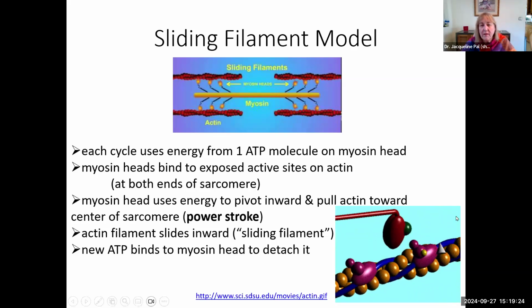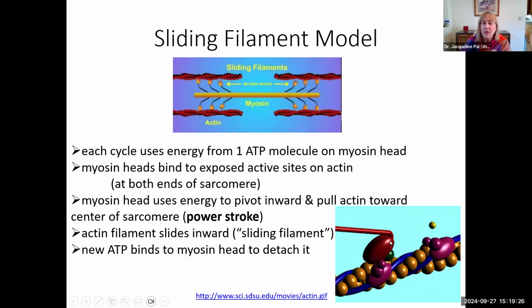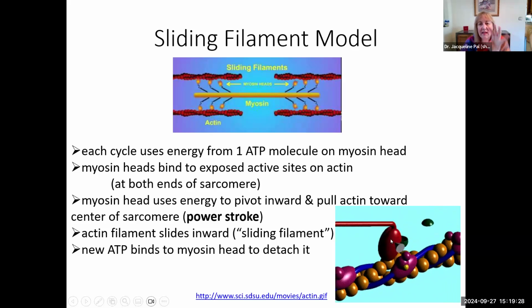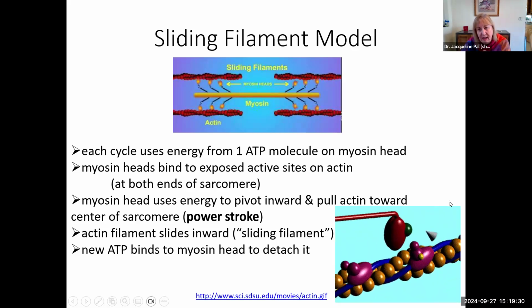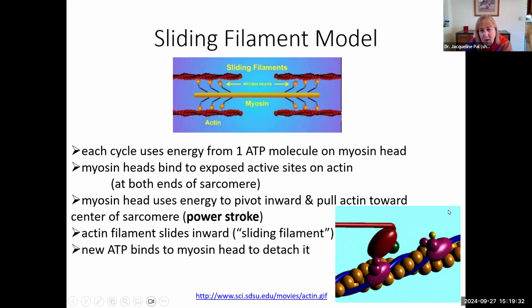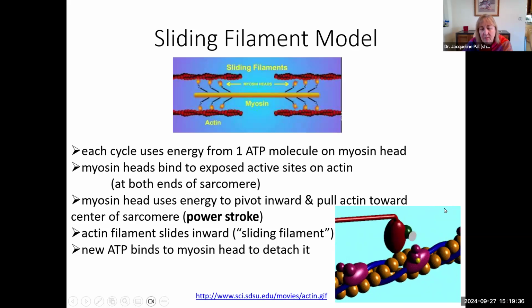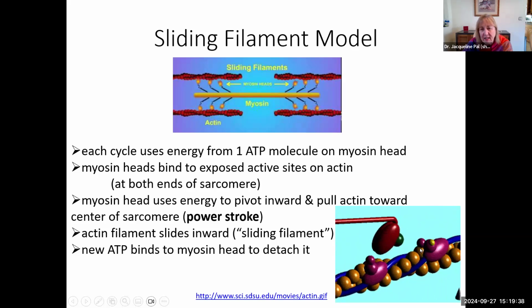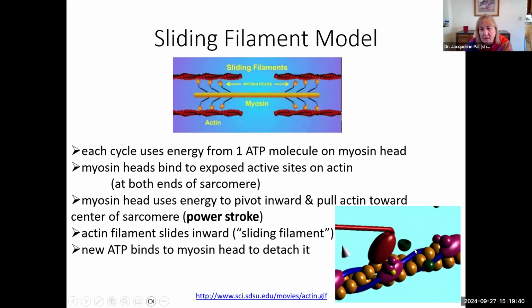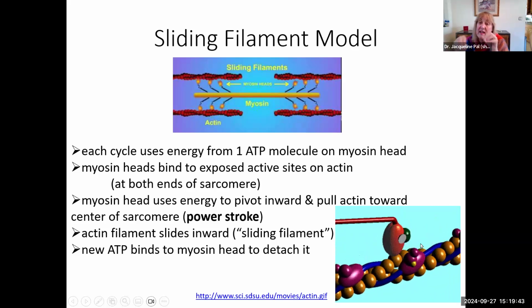So here's a little GIF. And I know you're all enthralled by the myosin head, but let's not look at the myosin head yet. Let's look in the upper right-hand corner where you see the little brown ball flying in. And when you see the little brown ball flying in, you will see it attaching to the little purple balls, which are the troponin.